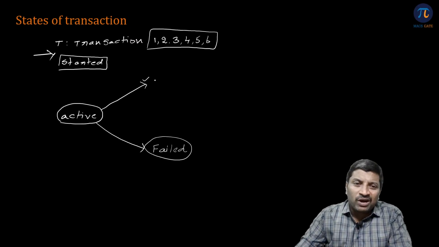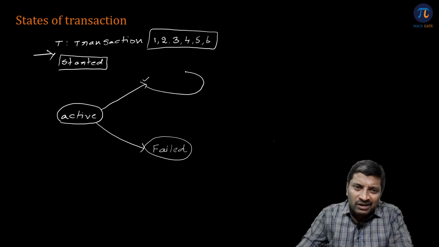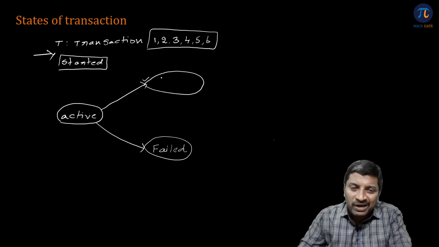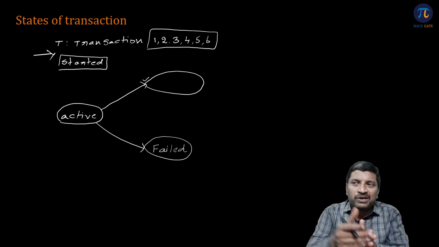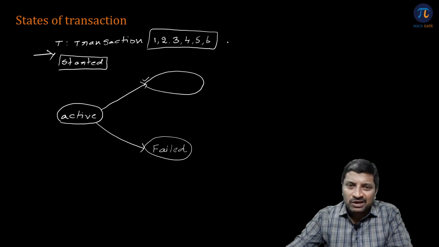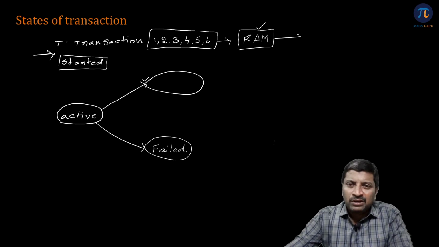Now, what about this state? It completed all the 6 operations, but the only work left is updating the original database. All these updates are done in the RAM. You completed all 6 operations in RAM, and you need to write back to the original hard disk or the database.